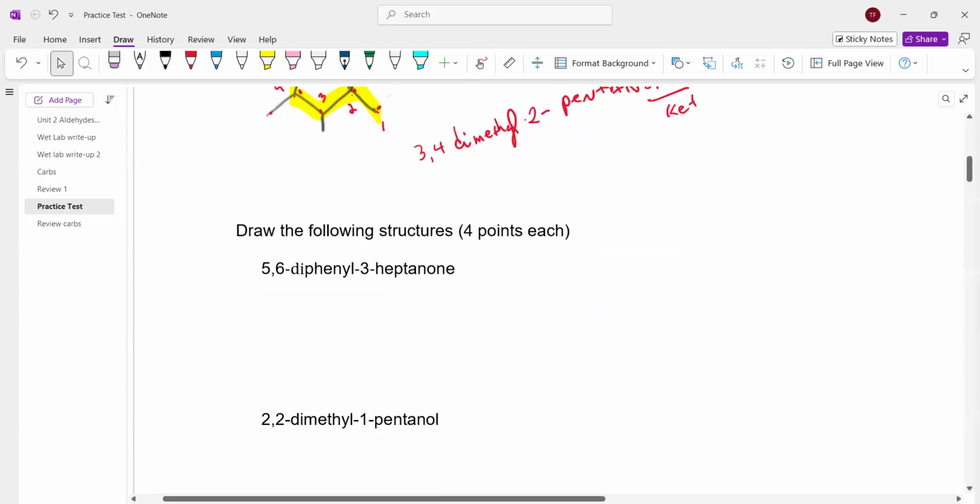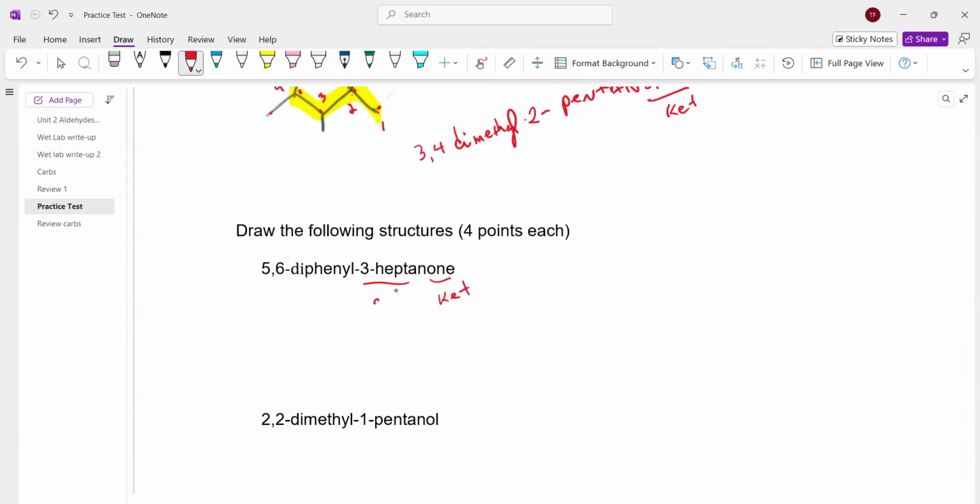Okay, so we have a ketone and two phenyl groups now. Remember, phenyl is going to be the benzene-like branch. So we need a 7-membered backbone.